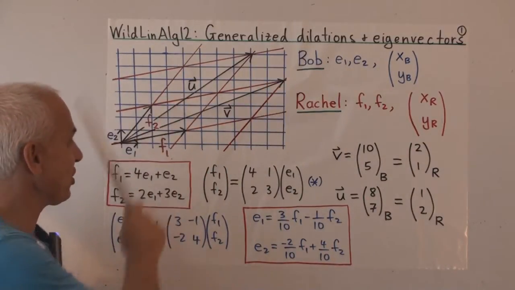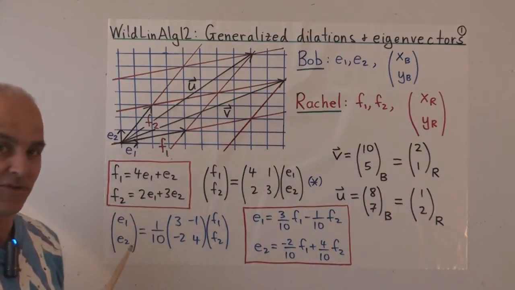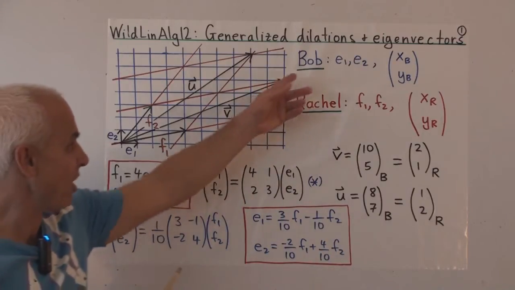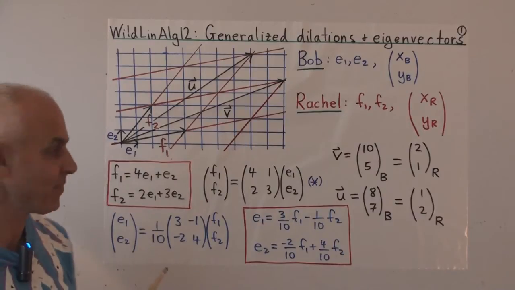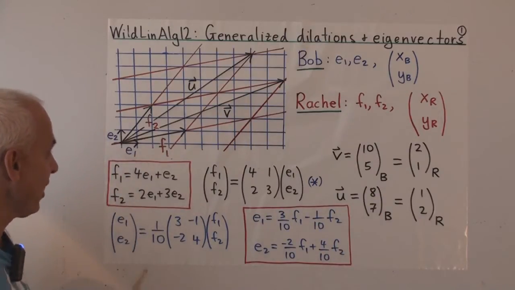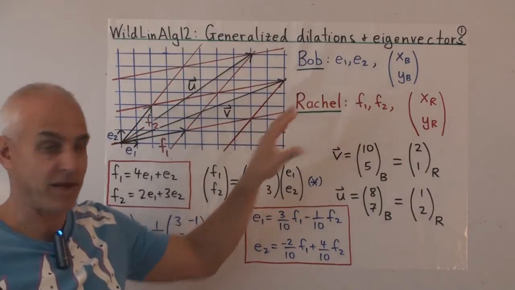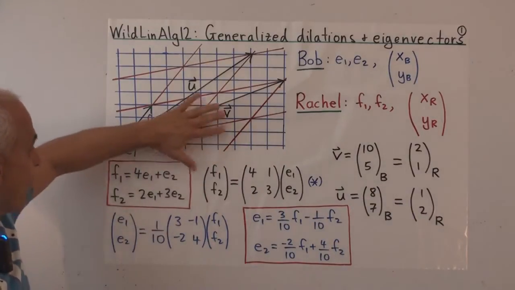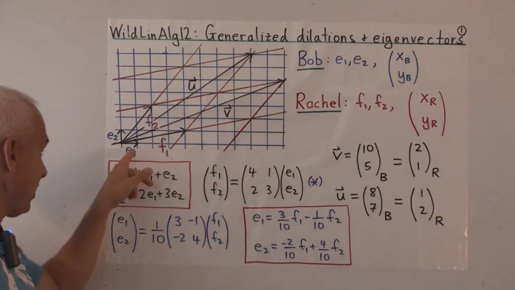Here's our two-dimensional affine plane with two sets of coordinates. A blue frame representing Bob and a red frame representing Rachel. So here are Bob's basis vectors e1 and e2, and he uses those two basis vectors to measure everything in the plane. So he measures vectors with respect to e1 and e2, and he represents linear transformations via matrices depending on e1 and e2.